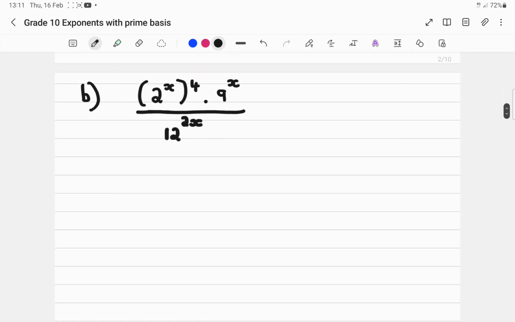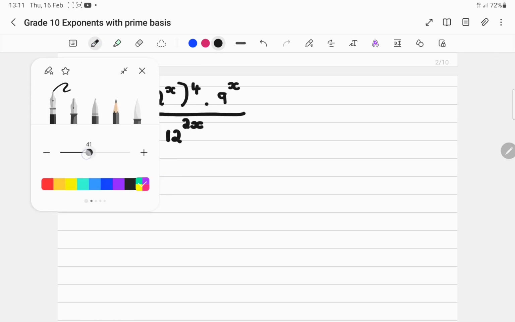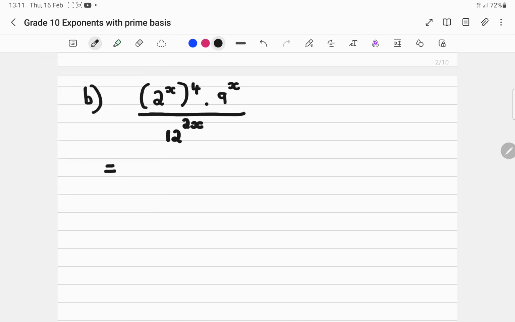All right, over here, bringing some variables in, some x's. I just want to make this a little bit smaller. There we go. So a power raised to a further power, you multiply. We normally write the 4x first, times 9, which is not a prime number, and 12 as well.